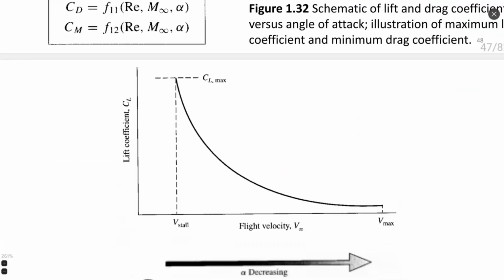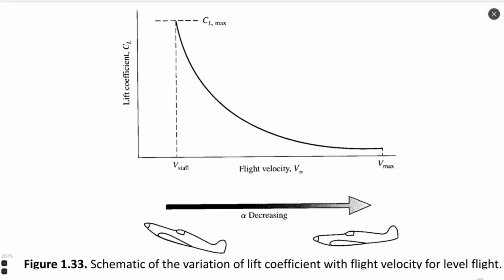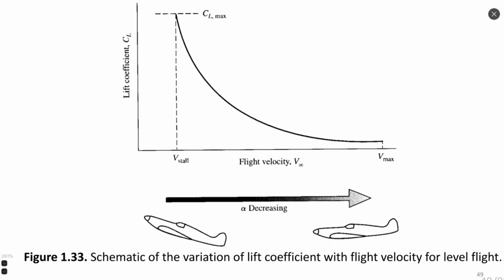Behavior is this. If you remember, we have already talked about the definition of aerodynamic coefficient. I will write it here: for example, lift coefficient CL is lift force divided by q infinity times S, where S is the area of the aerodynamic body, or it could be a diameter.